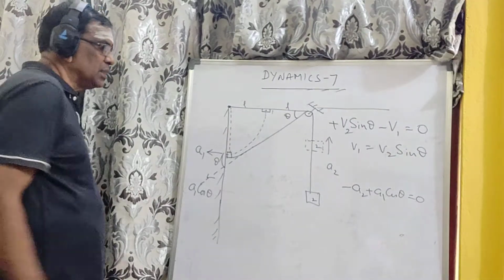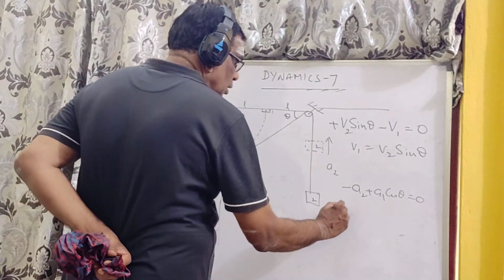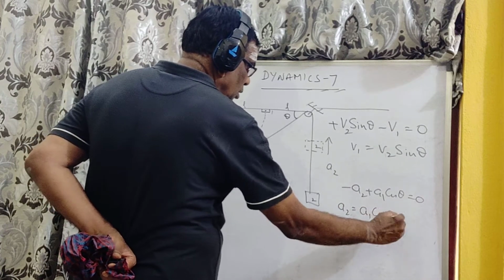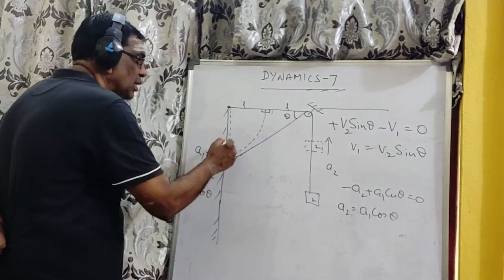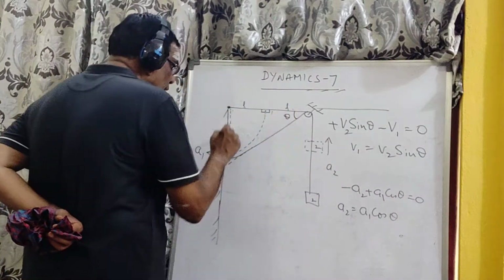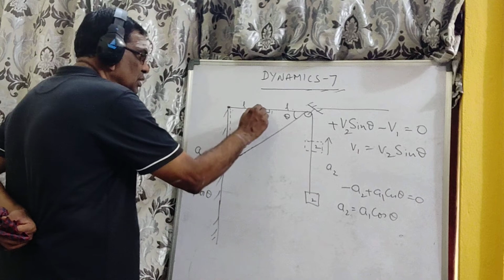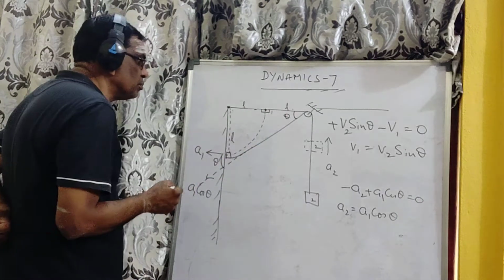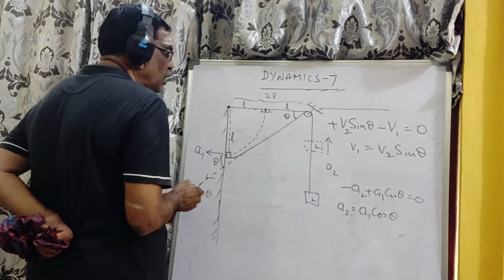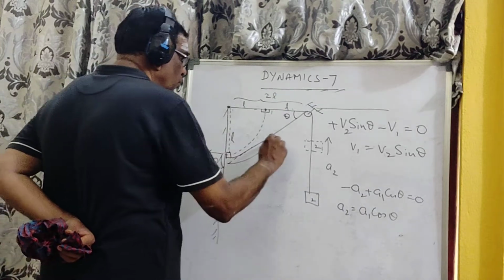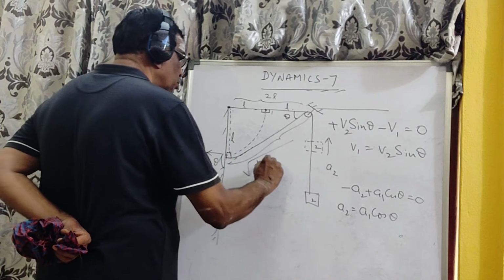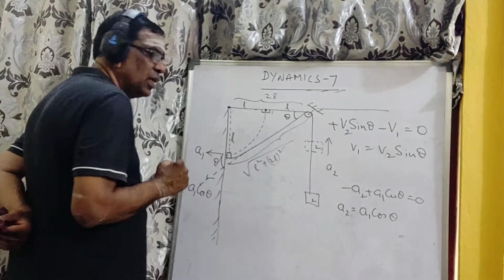I hope you have got this. So A2 is equal to A1 cos theta. Now, what is cos theta, you can also find. This is L, and you know that this is also L, because this is fixed to the string. So this whole thing is 2L length, this is L, therefore this is under root of L square plus 2L whole square.